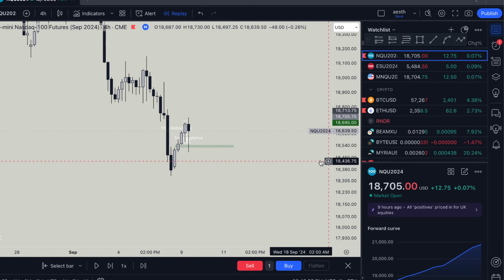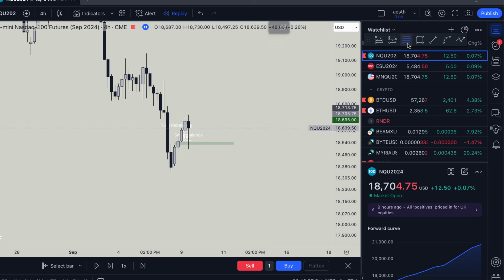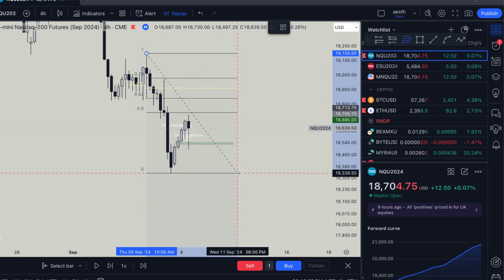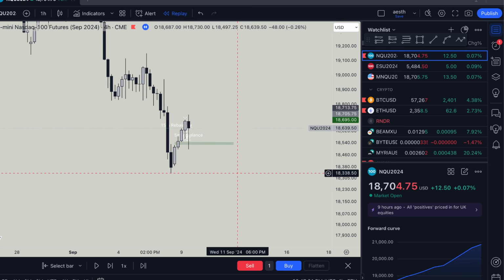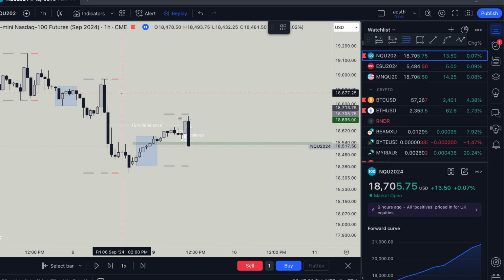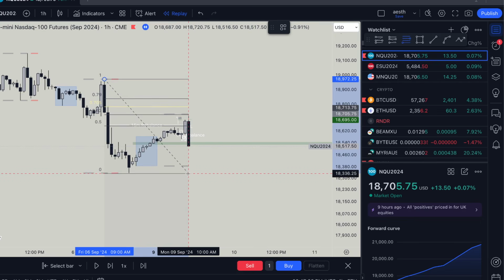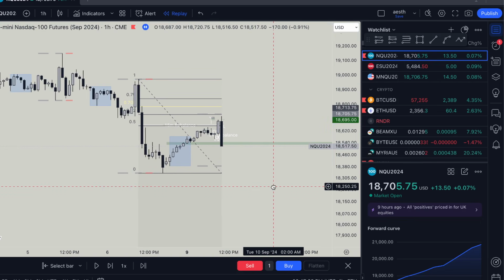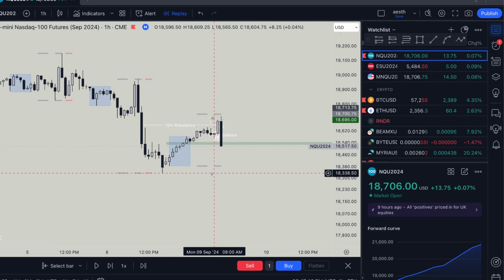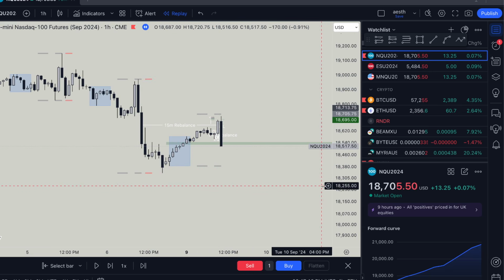I like to keep it pretty simple and look at where we're trading in a leg. For example, this hourly, I like to see have we rebalanced the leg and what PD arrays are being respected. I apologize for not knowing what volume imbalance you're talking about though.